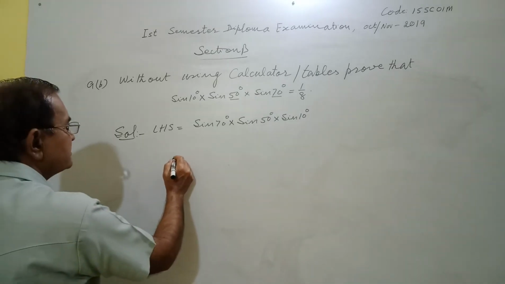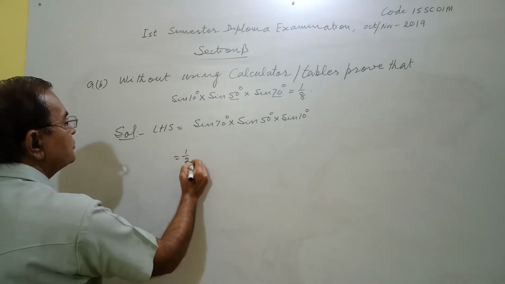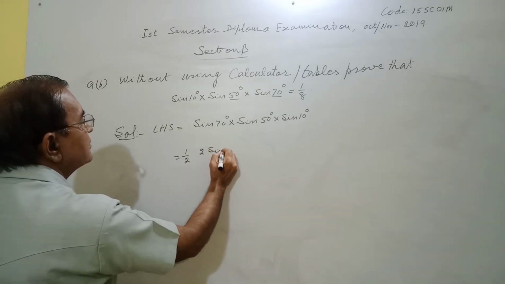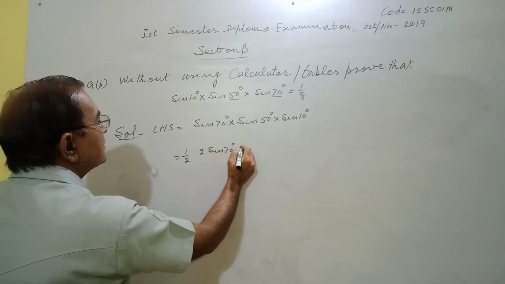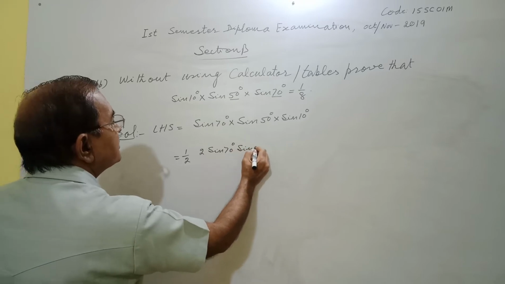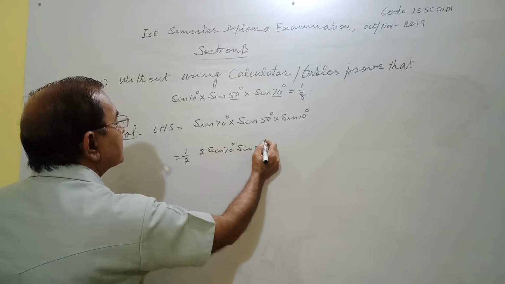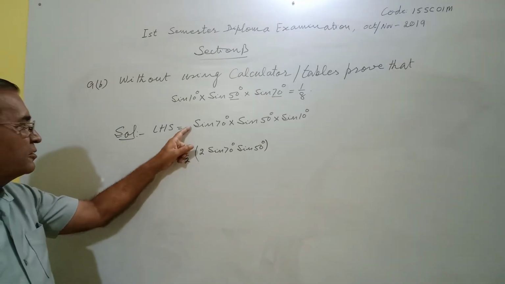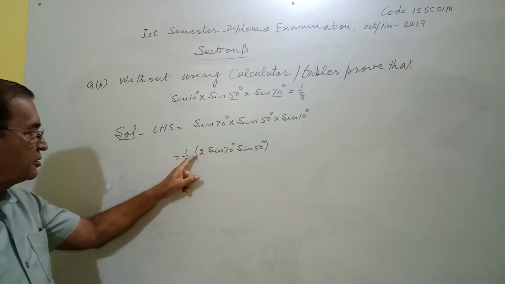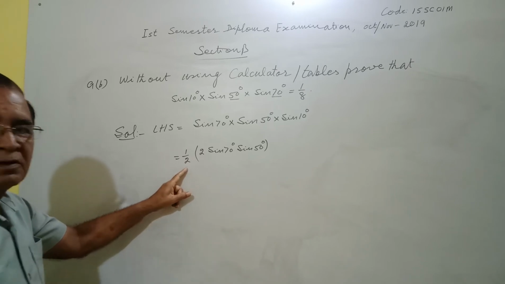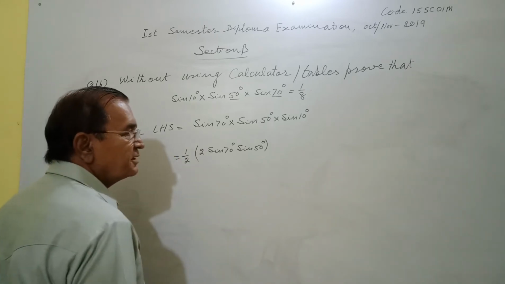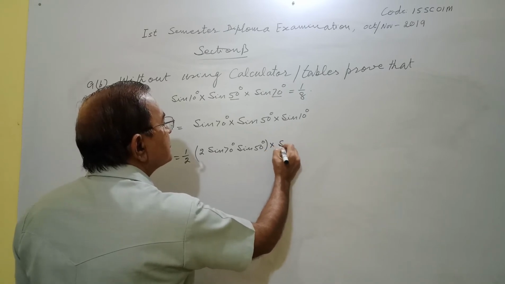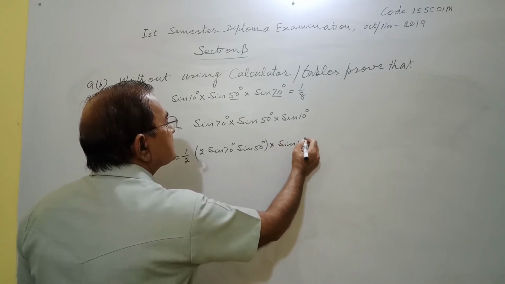Then put it as 1 by 2 into 2 sin 70 sin 50, by multiplying by 2 and dividing by 2 we will get the same thing. This adjustment you have to do, into sin 10 degree.